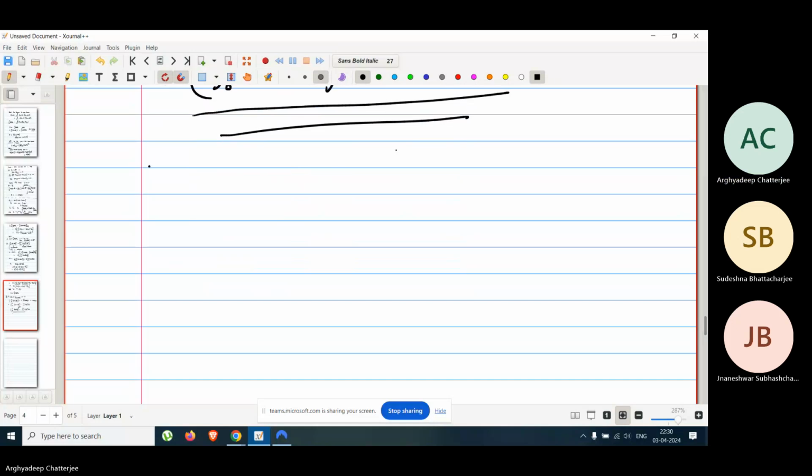So you can write this, the integral from 0 to t of f_n squared ds minus the integral from 0 to t of f_m squared ds.